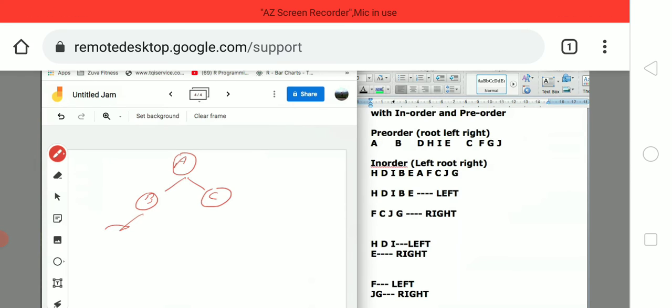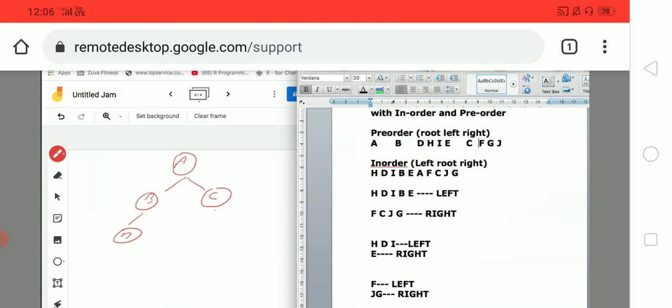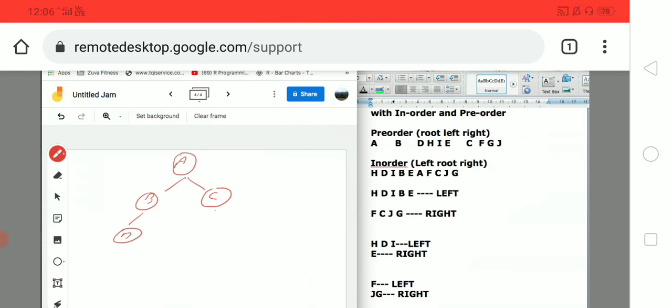So here D is on the left side and E is on the right side, and E is alone. So we can give it directly here.